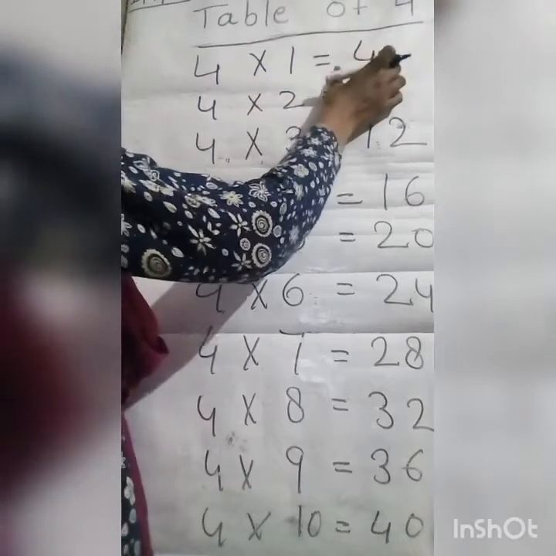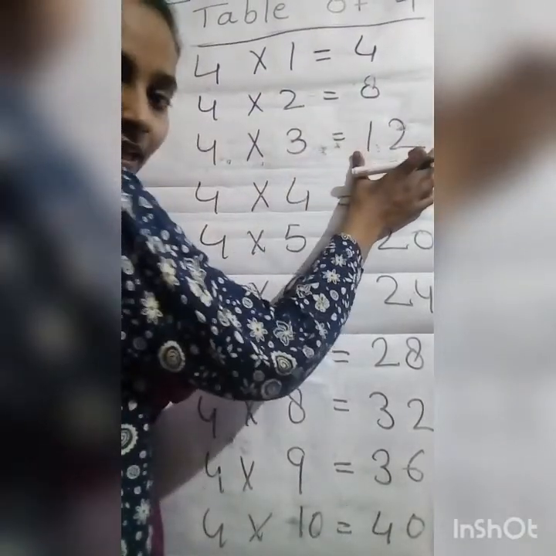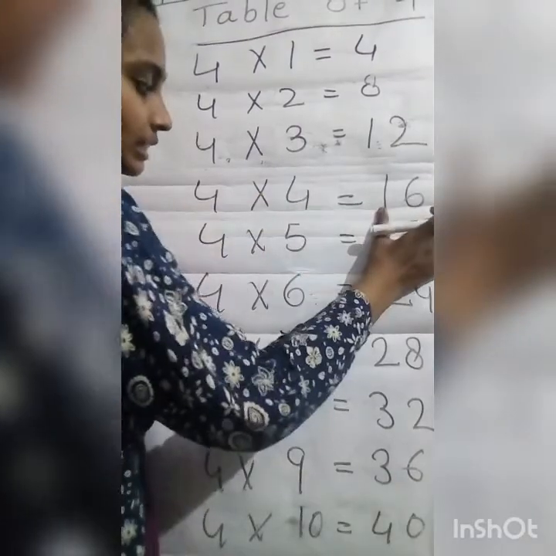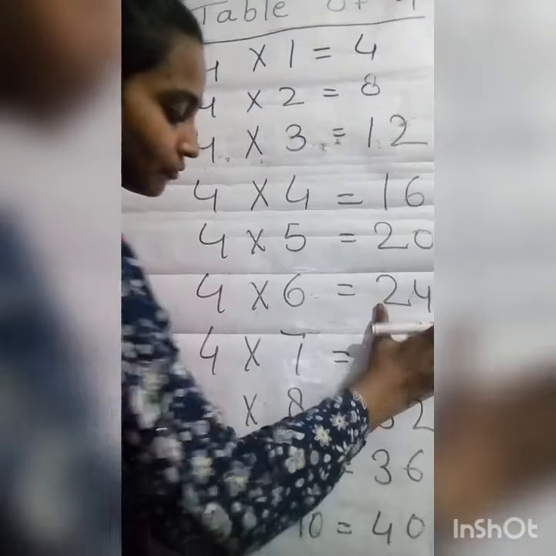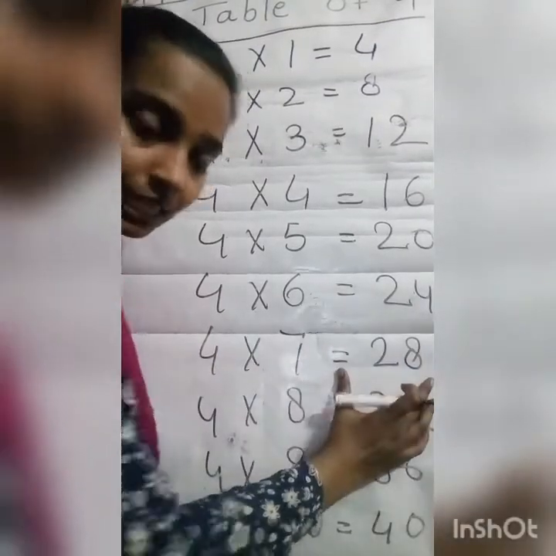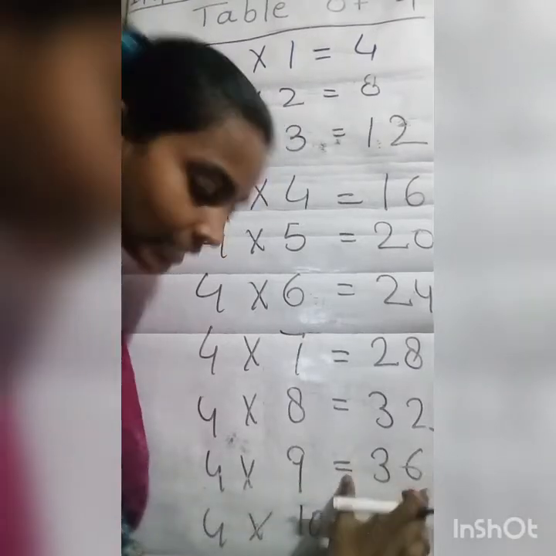Now I am repeating this again. 4 ones are 4, 4 twos are 8, 4 threes are 12, 4 fours are 16, 4 fives are 20, 4 sixes are 24, 4 sevens are 28, 4 eights are 32, 4 nines are 36, 4 tens are 40.